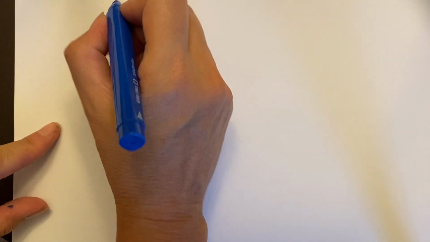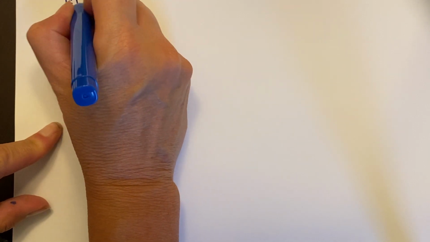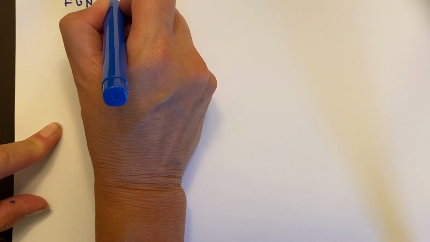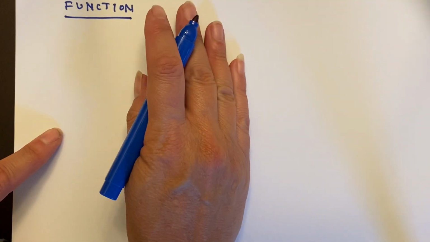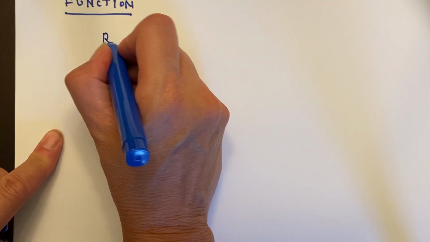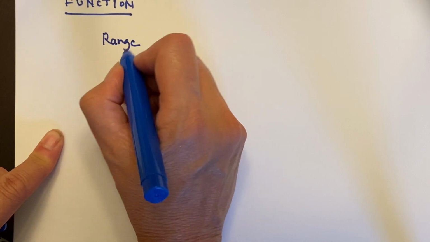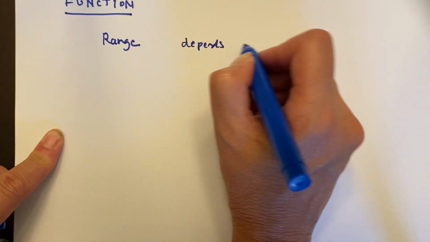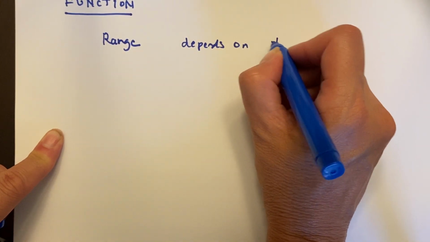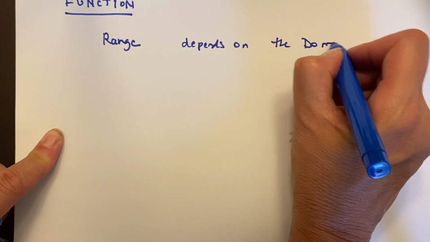So we've talked about what is a function, when is it not a function. We're going to go through this again, and we're going to use this as the basis of the definition of a function. The range depends on the domain.